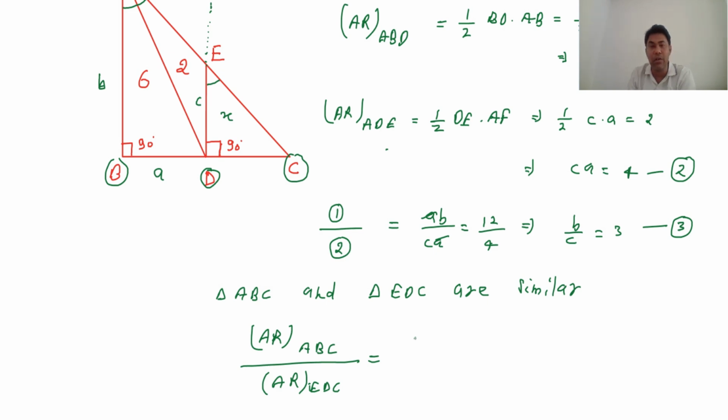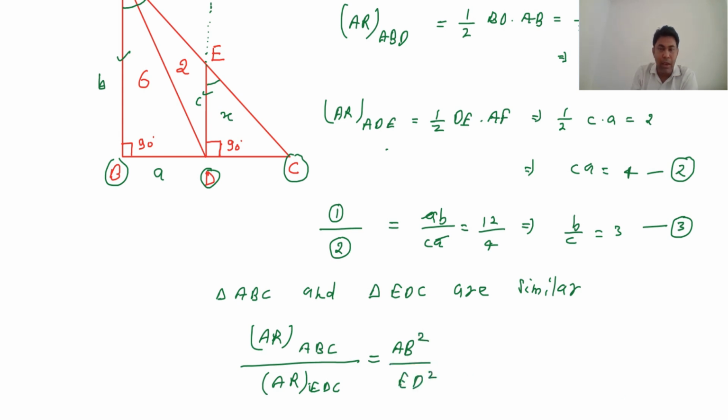In fact, from triangle ABC we will take side AB, and from triangle EDC we will take the side ED. So we can write AB square divided by ED square.